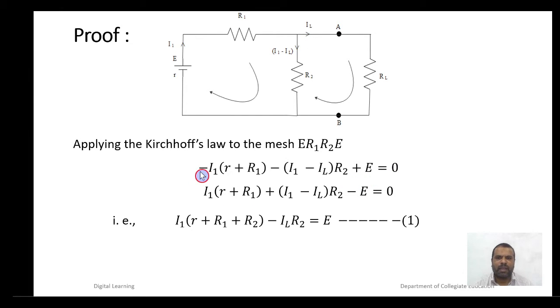The first is taken as negative because we are moving in the direction of the current, and small r is the internal resistance of the battery and R1 is the resistance. Both are connected in series.